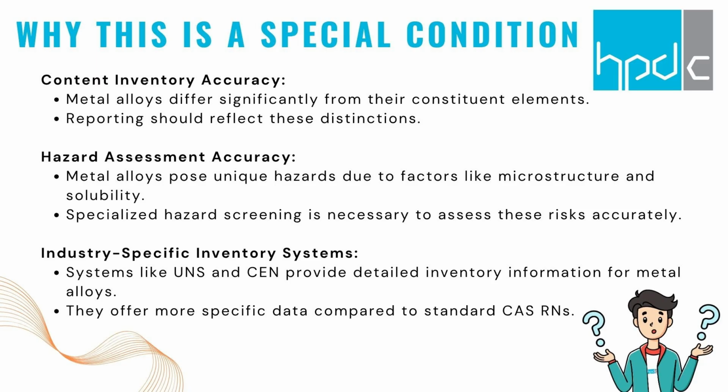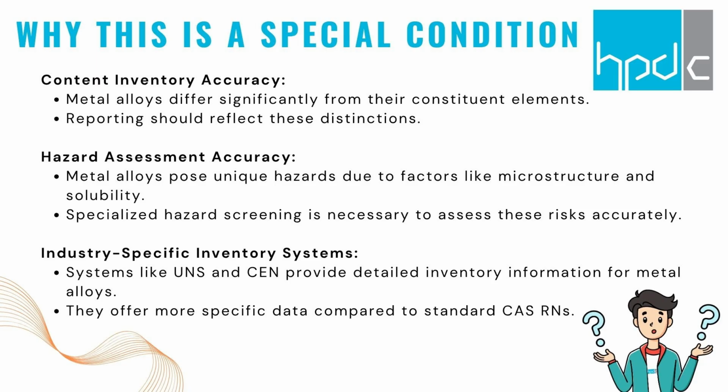First, alloys differ significantly from their base elements. For instance, combining copper with zinc to make brass alters the toxicity profile, so simply listing raw elements doesn't capture real-world hazards. Second, alloy hazards are complex. Factors like solubility and microstructure influence how toxic or reactive an alloy might be.